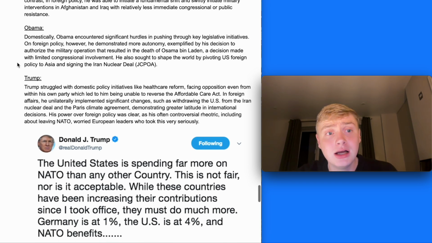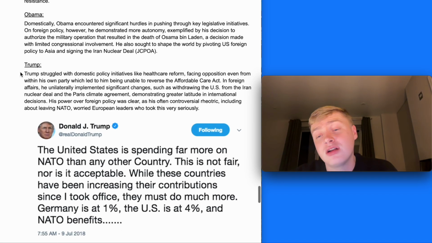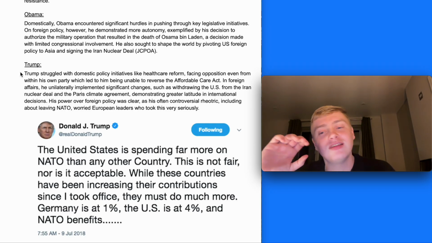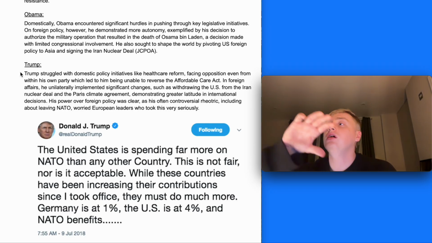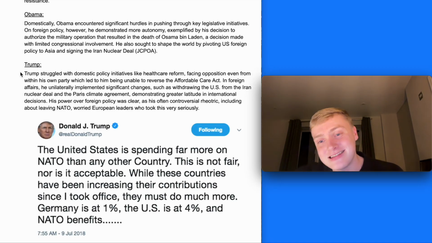In terms of Obama, as we've talked about, he faced significant hurdles passing key legislative initiatives, including in relation to gun control, immigration, and the environment. He had more autonomy in foreign policy. And this theory also speaks to the idea that because they're so constrained in domestic policy, presidents naturally look to have more impact in foreign policy, particularly once they have a divided government.